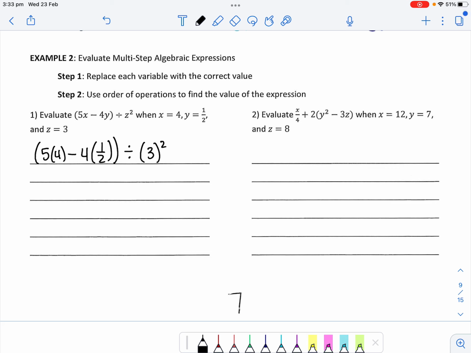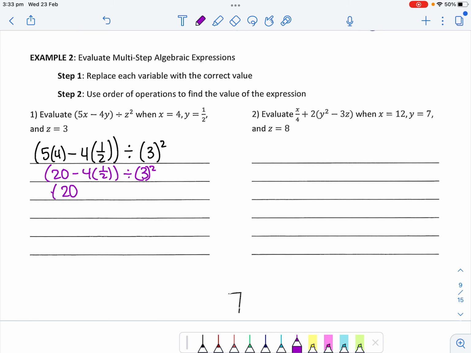Now I'm going to do my order of operations. So my order of operations tells me to go inside my parentheses first. So I'm going to have 20 minus 4 times 1/2 divided by 3 squared. Again, that 3 squared in parentheses. Then I'm going to have 20 minus 2 divided by 3 squared.